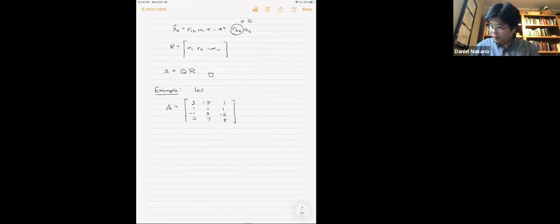The thing is we want to find the QR factorization of A.